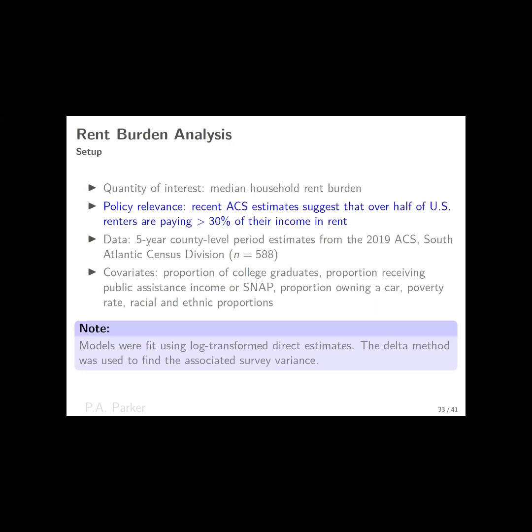And then we have the proportion of people owning a car and the poverty rate for those areas. So these are area level covariates that we're using in this analysis. And then lastly, when we fit this model, we're fitting it on the log scale. When we do that, we also have to adjust our variances, and we use the delta method to adjust those survey variances. So this is the analysis we're doing to estimate median household rent burden.